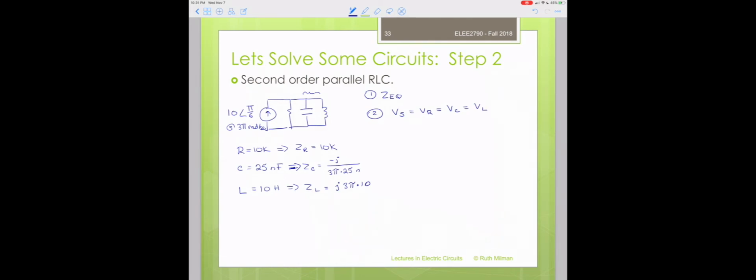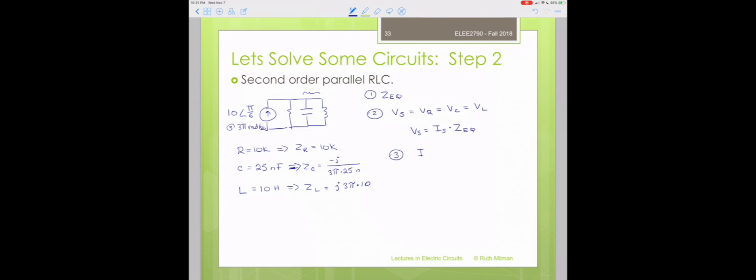And that is going to be very easy to do once you have ZEQ, because Vs is equal to Is, we already know what that is, times ZEQ. Now the next step after you've done that is to turn around and work out each of the individual currents. Not a problem to do, because we simply use Ohm's law.